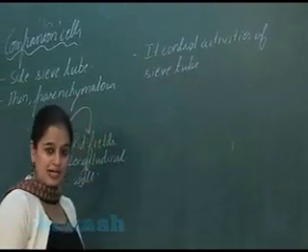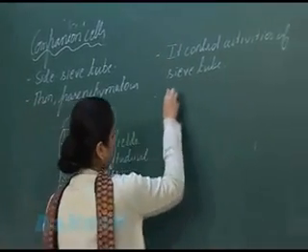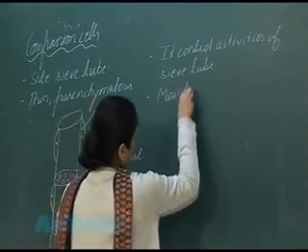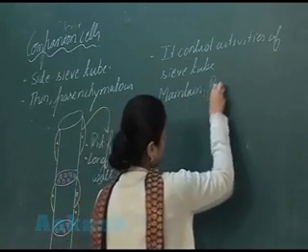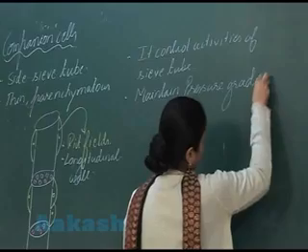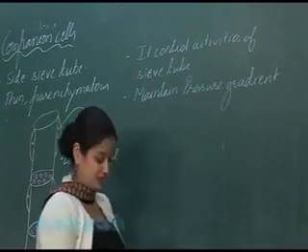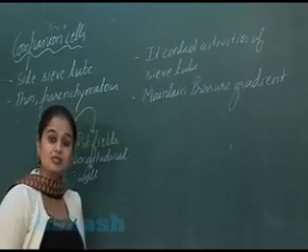I would like to add one point here. The companion cells maintain a pressure gradient inside the sieve tube. Let's see how this is maintained.